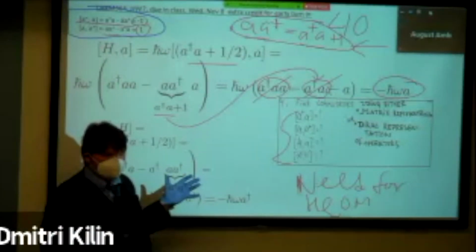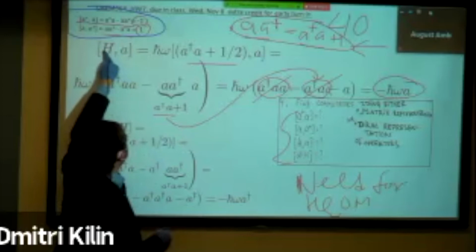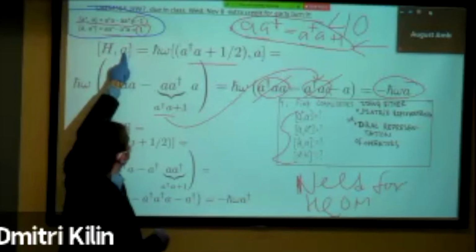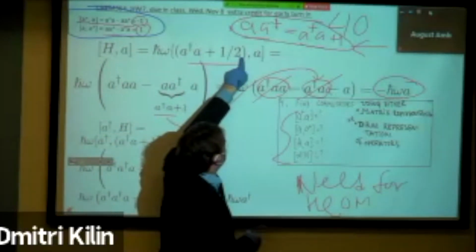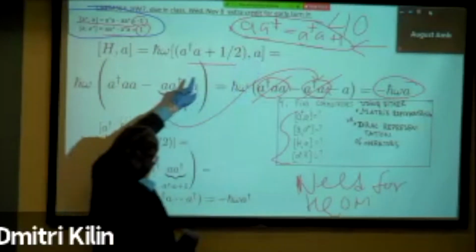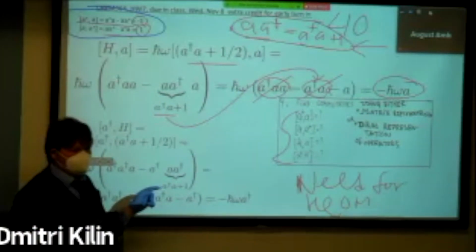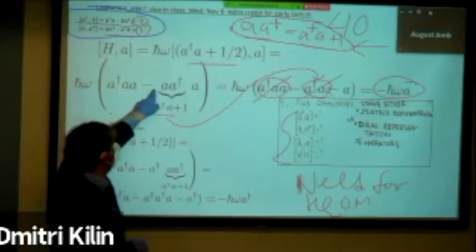And we will be in a rush, and I do not want to waste time at the next meeting. So we are finding the commutator between the Hamiltonian and the annihilation operator. So a dagger a plus 1/2, comma a, which means, I do not have a speech defect, I'm just trying to read what is written here.